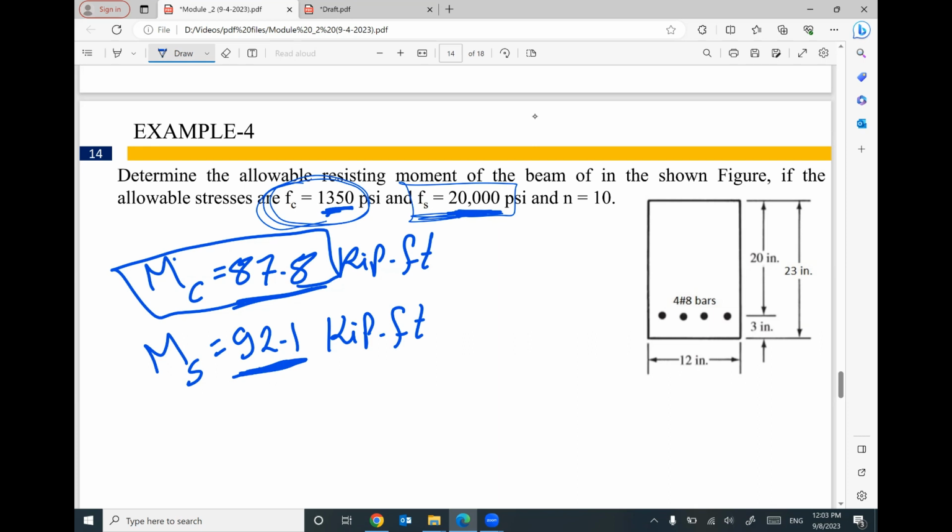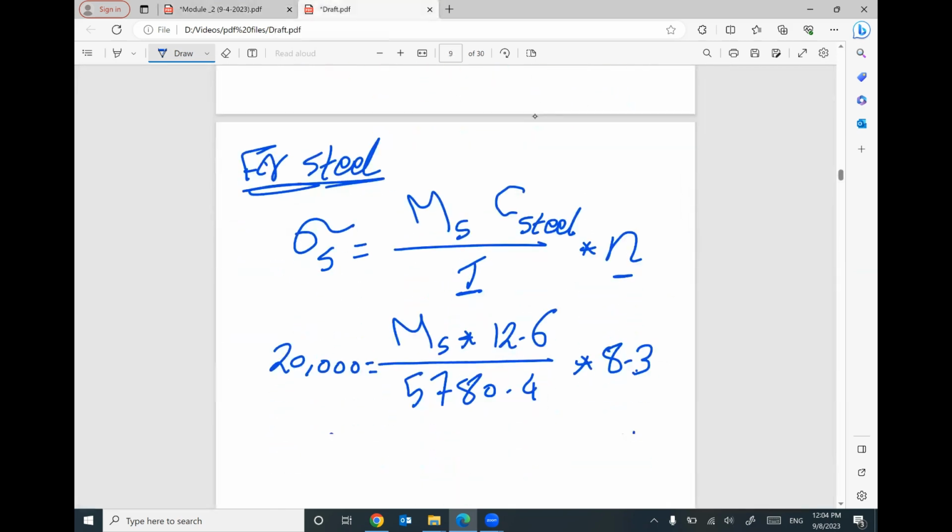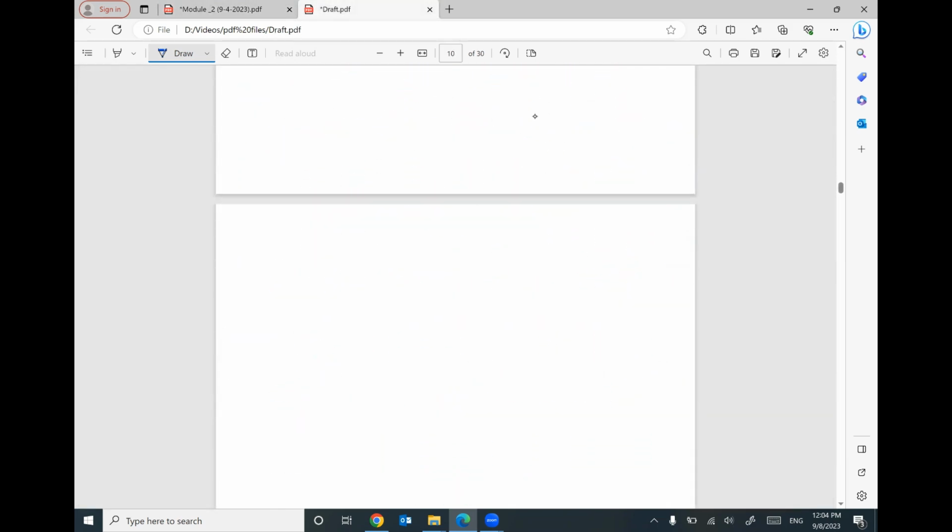The final conclusion: this moment that can be applied to this cross section will be how much? Is it 87.8 to satisfy concrete, or 92.1 to satisfy your steel? What will be the final moment? What do you think? The concrete. Thank you. It will be 87.8, and this is your final moment of resistance. I will use the minimum value.